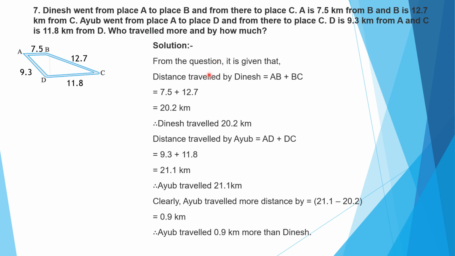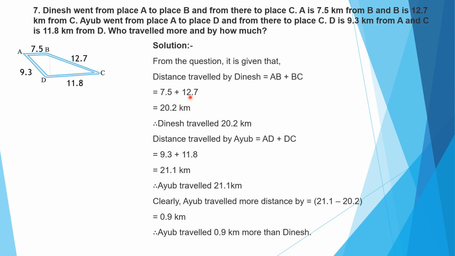It's very simple, children. First, for the distance traveled by Dinesh, we have to add AB plus BC. And for the distance traveled by Ayub, we have to add AD plus DC. And we have to see the total. And to find by how much, we have to subtract. See here. From the question, it is given that the distance traveled by Dinesh is AB plus BC. AB is equal to 7.5 and BC equal to 12.3.